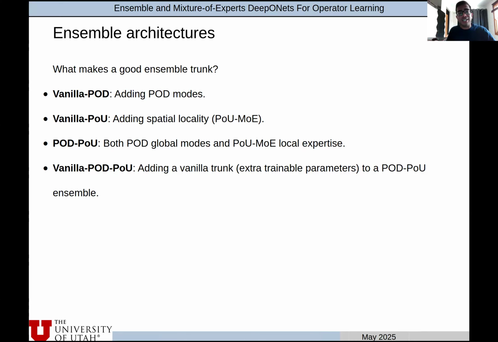We also decided to get rid of the vanilla neural network altogether and just see if having the POD as the global modes and the partition of unity trunk as the set of local modes is enough to be expressive for certain problems. And does on top of that, adding more trainable parameters in the way of adding another vanilla neural network as a trunk help further.